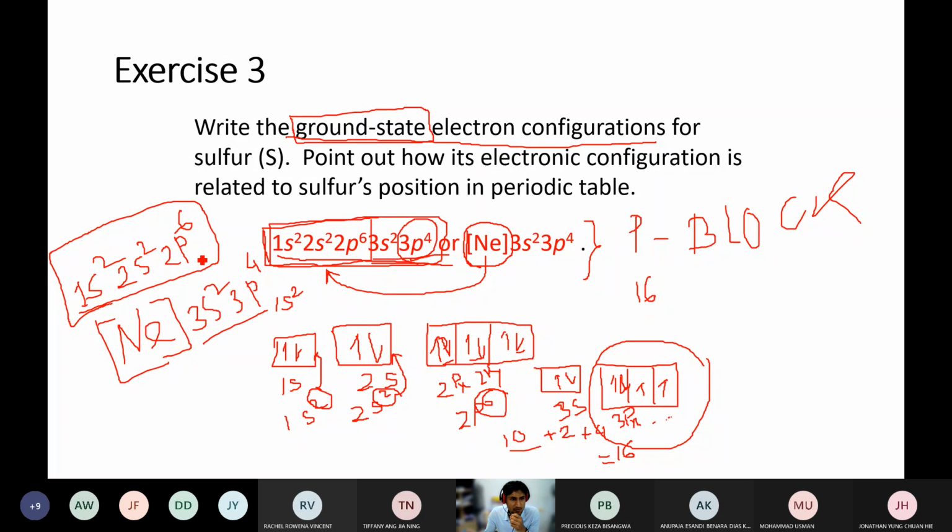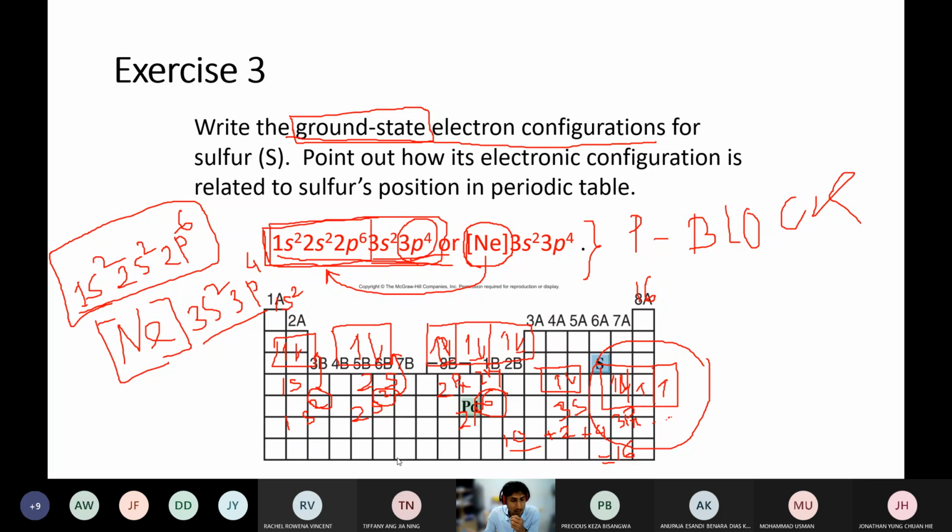So that is how it is represented. It means it has the neon structure first, so we don't have to write 1s, 2s, 2p, and then on top of that neon structure, it has 3s2 and 3p4 electrons.